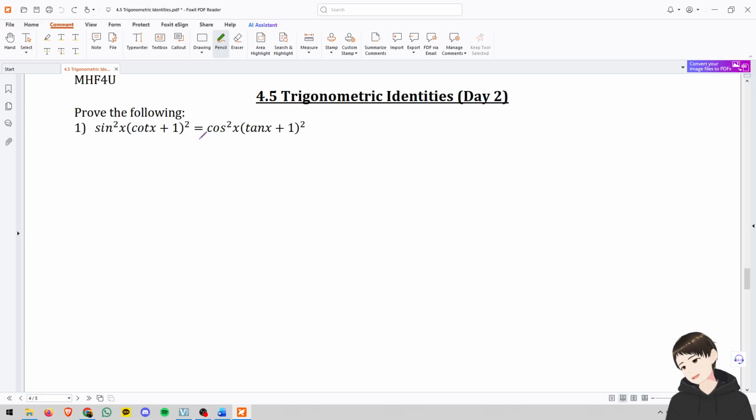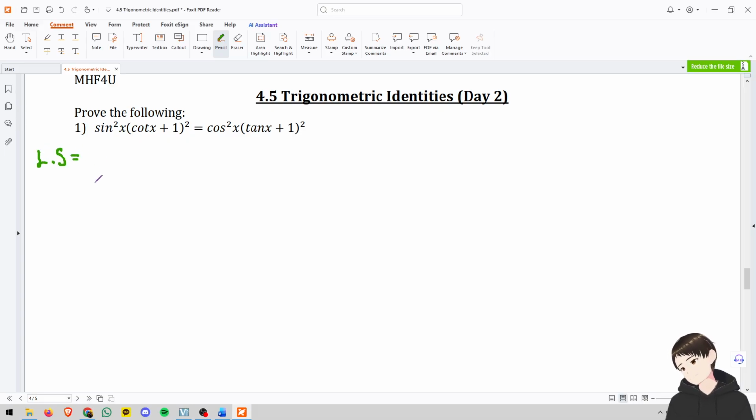Okay, so in this case, it looks like a mirror image, and I feel like since cotangent and tangent are reciprocals of each other in terms of sine and cos, that's the reason why this one has a cos on top and this one has a sine on top. So I'm going to try both sides.